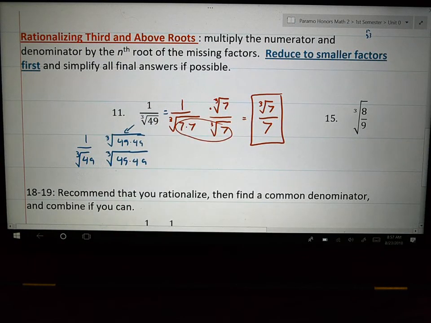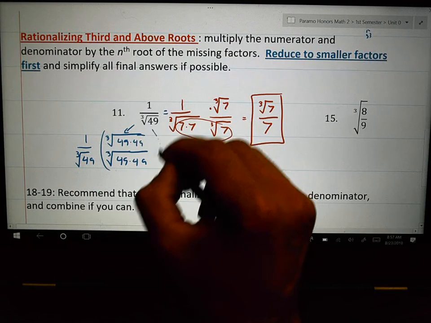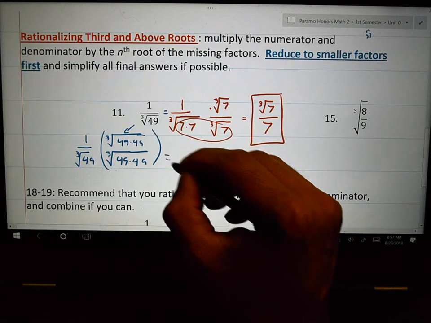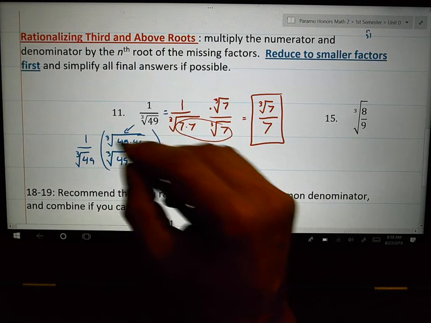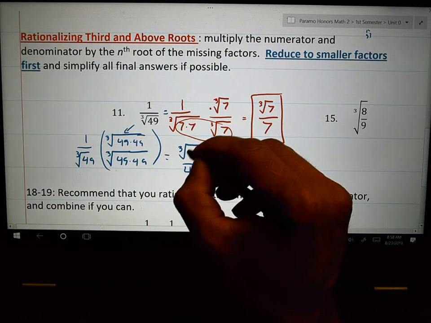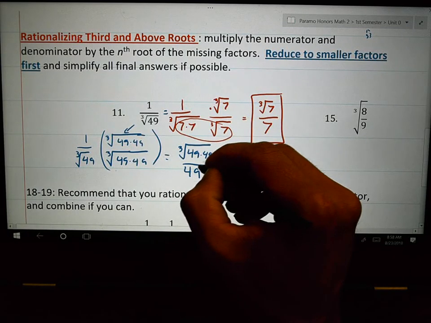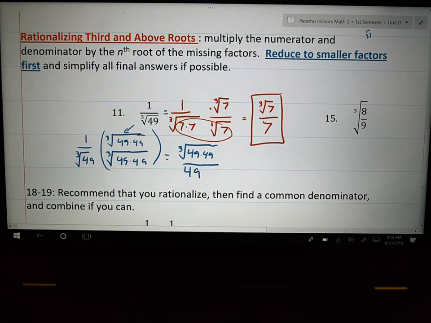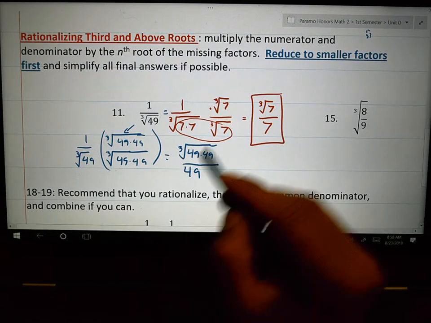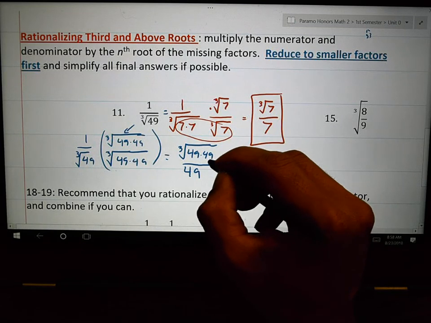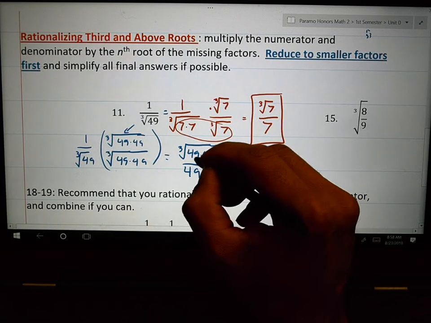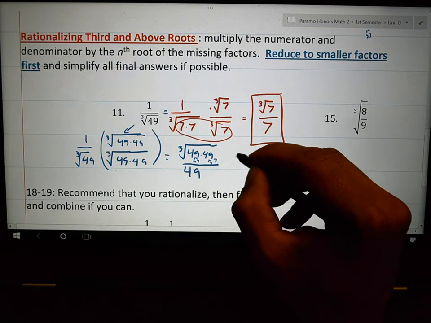On bottom, guess what pops out? A 49. On top, guess what we have? We have a, I don't know what 49 times 49 is. But what I do know is that I would have to simplify that. Because 3 factors, and this is 7 times 7, and this is 7 times 7, so I have 4 of them, right?